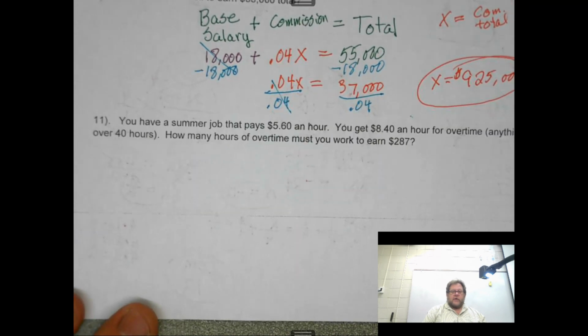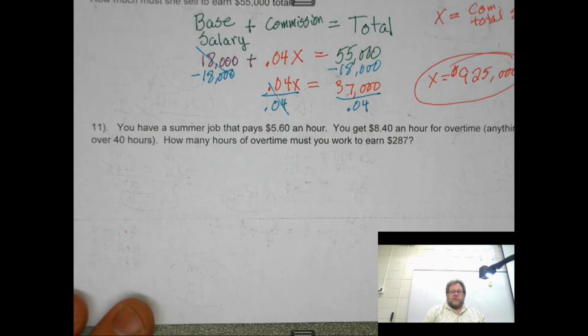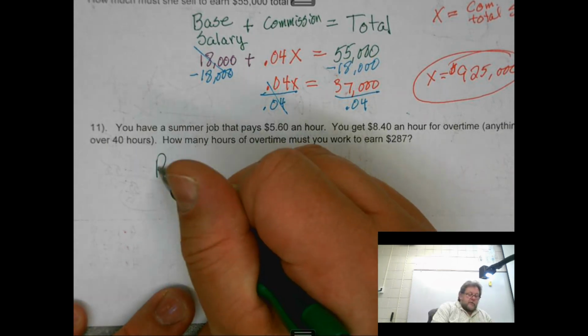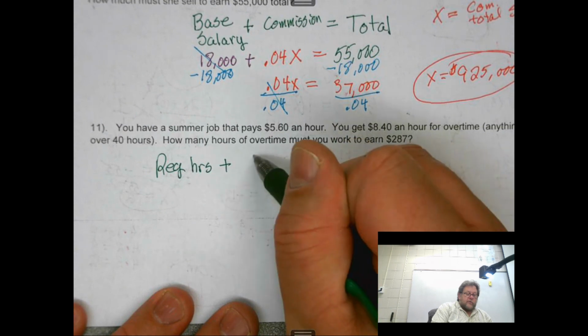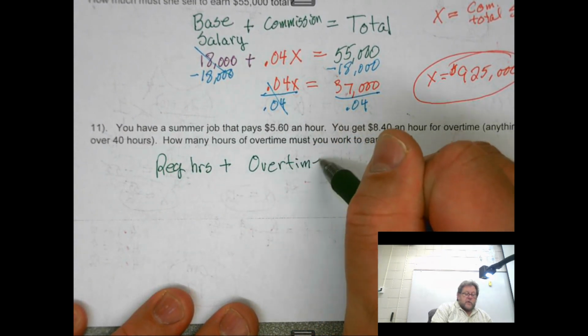Okay, so the regular amount of hours here is going to be 40, right? So regular hours is 40 hours. And we know what that regular pay is, 5.60. This is all given.